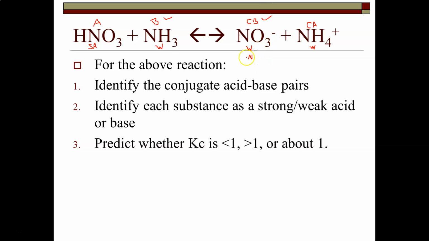So extremely weak, negligible conjugate base would be a lot weaker than the NH3. So equilibrium is going to lie to the right, because the NO3 is negligible compared to the NH3. So that means Kc is greater than 1. All right, that takes care of that.